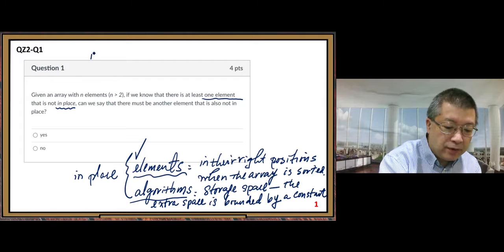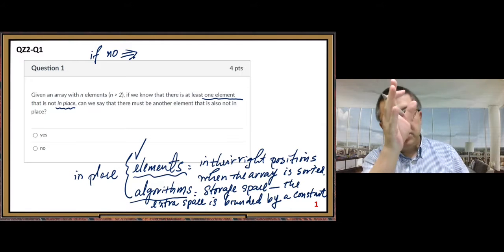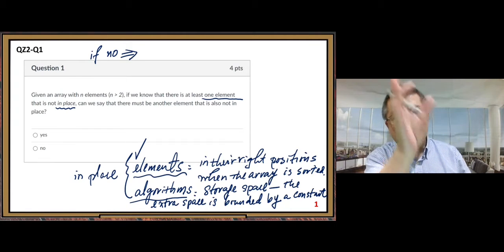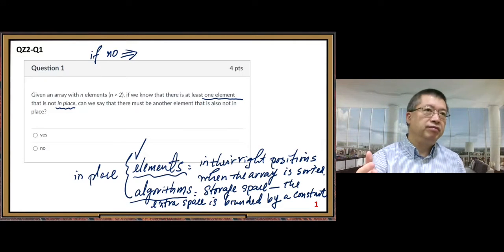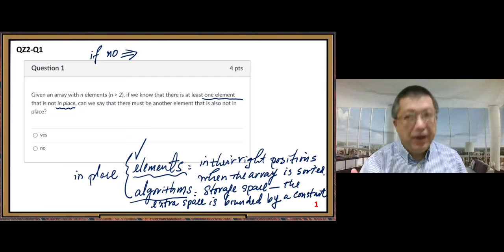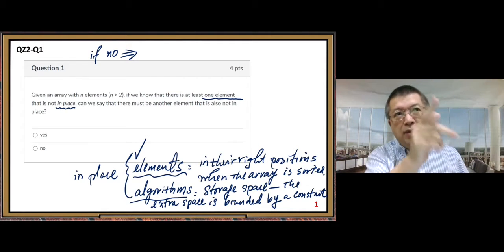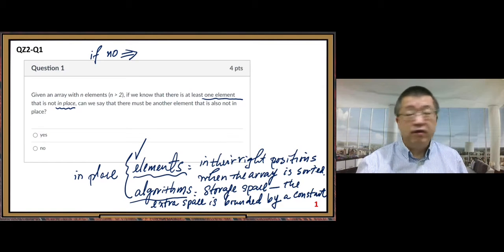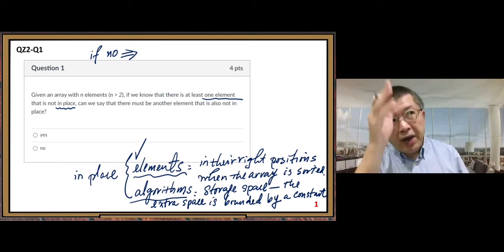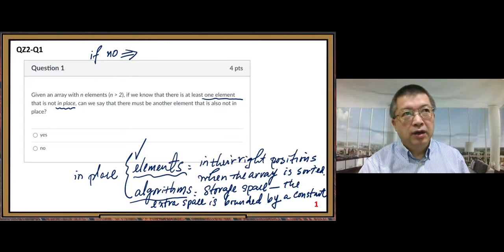If no, let's look at the possible conclusion we can get. If no, you cannot find another. That means there is only one element in this array that is not in place, because you only find one, you cannot find the second one that is not in place.